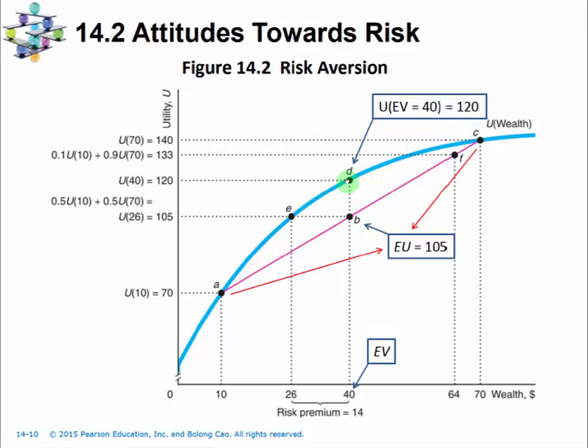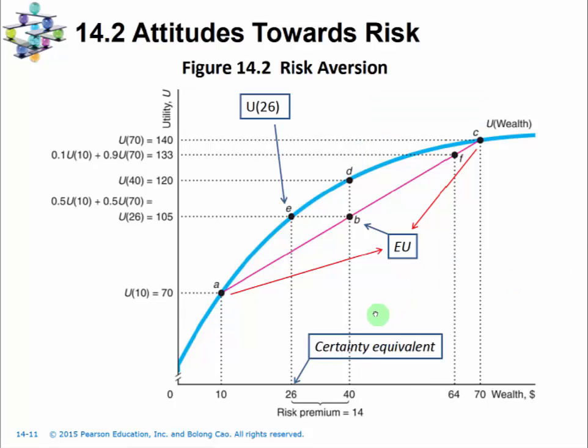For this kind of decision maker, we call their risk preference risk averse. In most cases, we assume most people are risk averse, basically because most people demonstrate some aversion towards risky events.